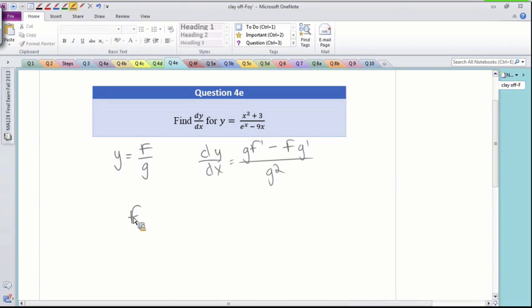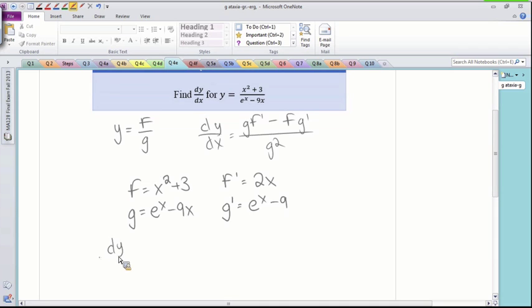Our f is the expression in the numerator, which is x squared plus 3. Our g is the expression in the denominator, which is e to the x minus 9x. F prime is the derivative of f, which, using the power rule, is 2x. And g prime is e to the x minus 9.